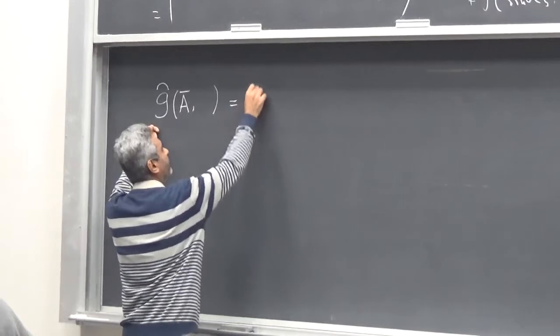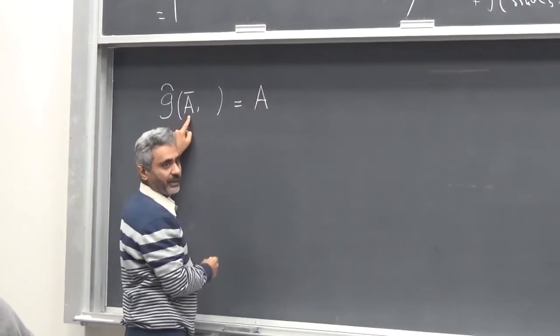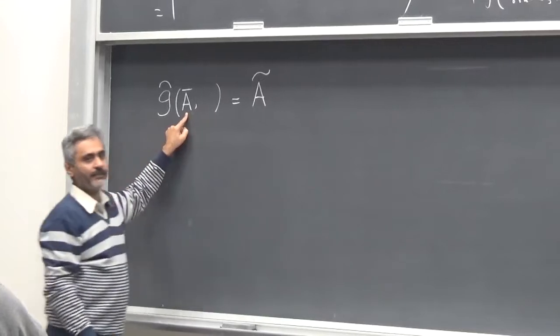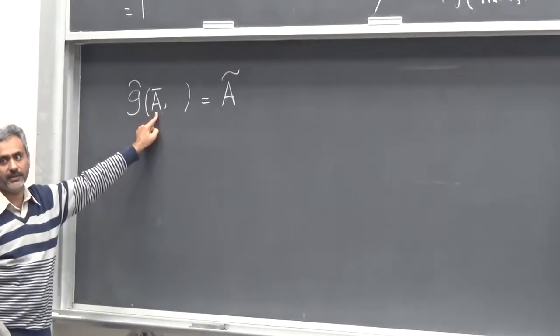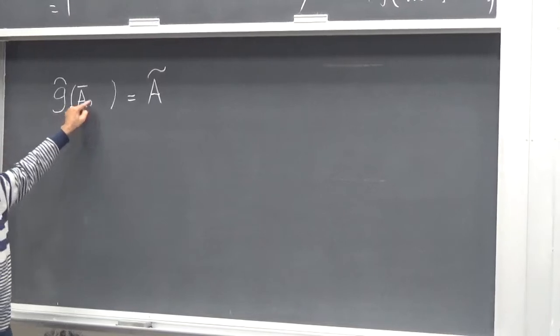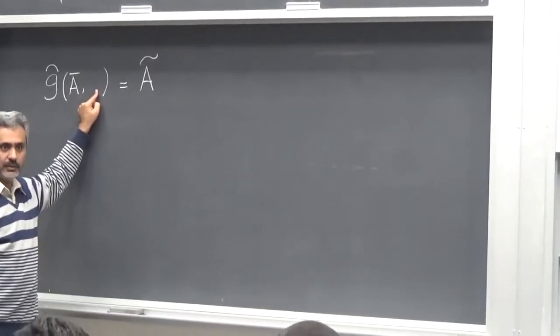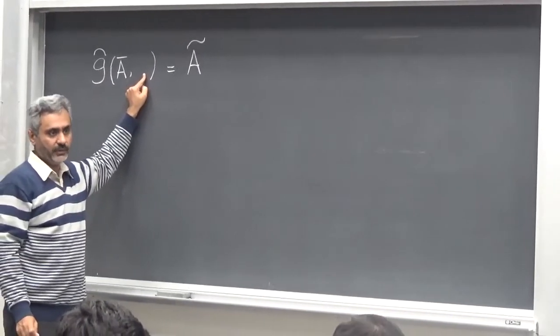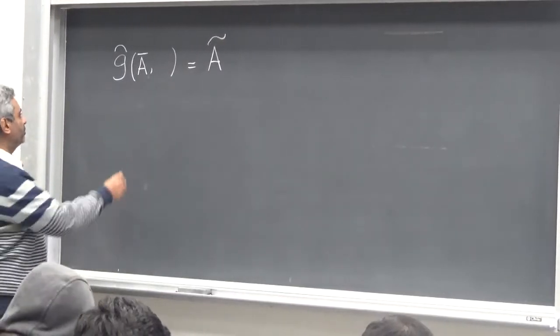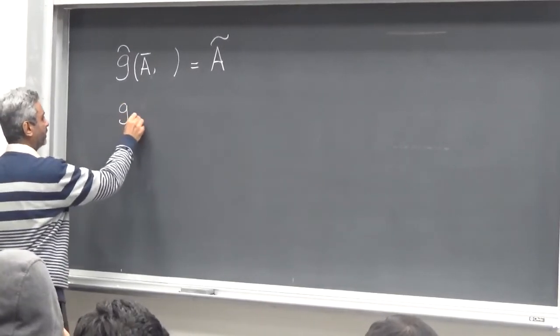This one form is given the same name as this A because it's coming from this A. And since the metric is symmetric, it doesn't matter whether I put A in this slot or in this slot. In general it doesn't matter, but not in the case of the metric.